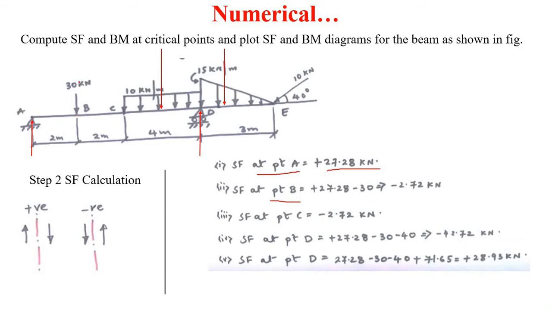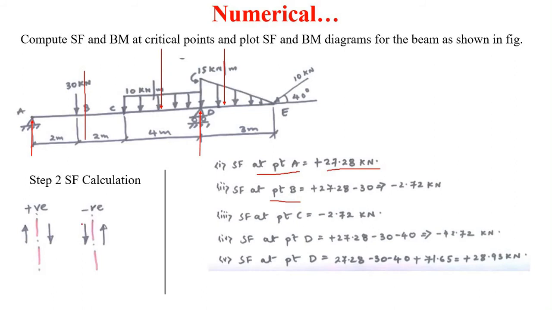So when we take a section at B, the shear force at point B is equal to this force plus this RA. When we take a section here, the shear force will be RA. It is positive because it is going upward and it is at the left side of the section. And this force at B is going downward and it is at the left side of the section.